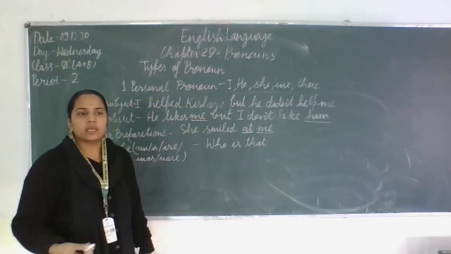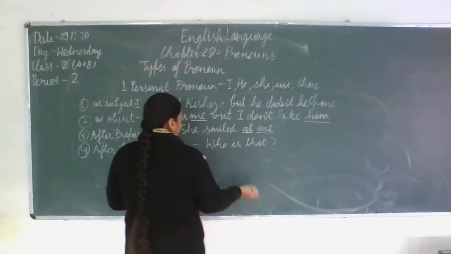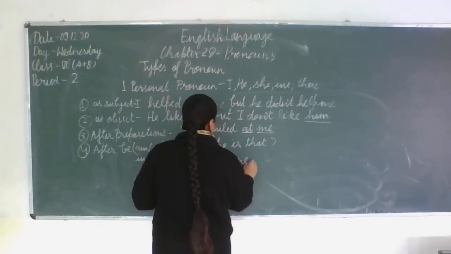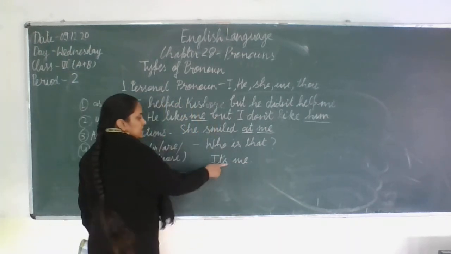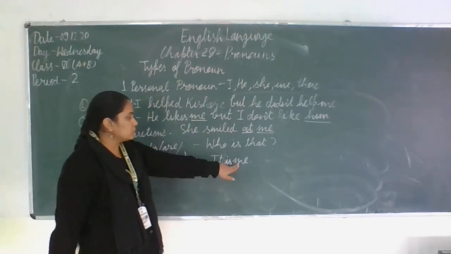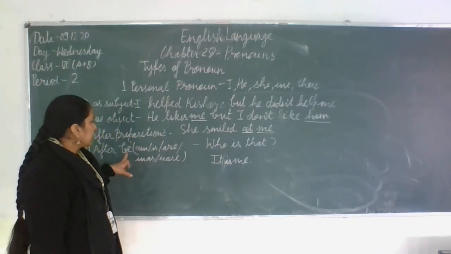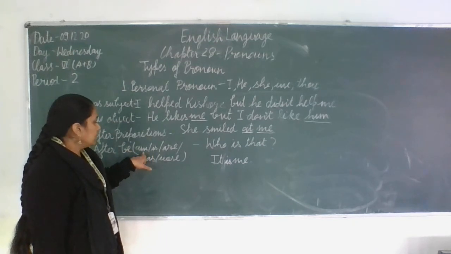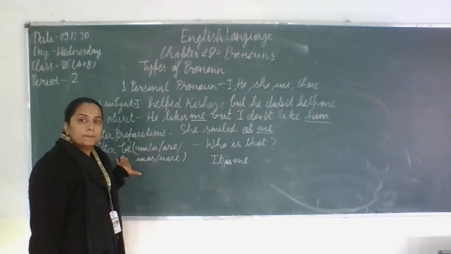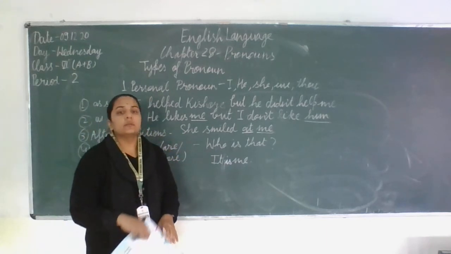Suppose you are knocking at someone's door and someone asks you, who is that? What would be your answer? The answer would be, it's me. What is it's? It is. So we can also use the object pronouns after be. We write it as be, but it has various forms as am, is, are, was, were. All these are the forms of be. So this is one more way we use the object personal pronoun.